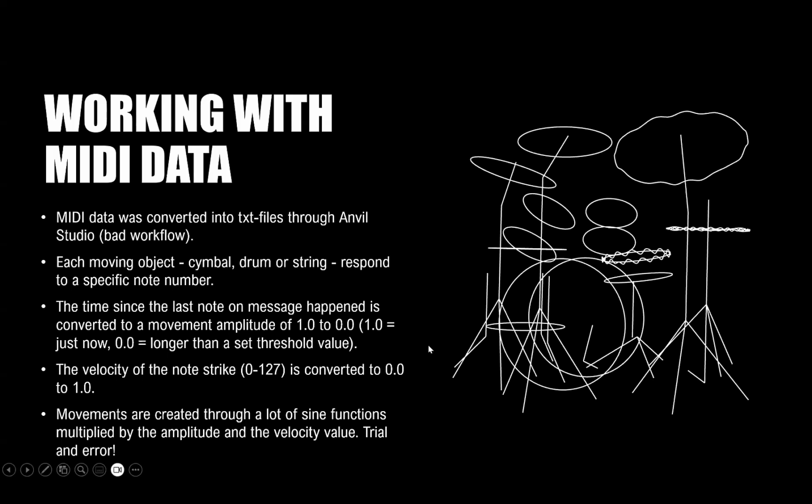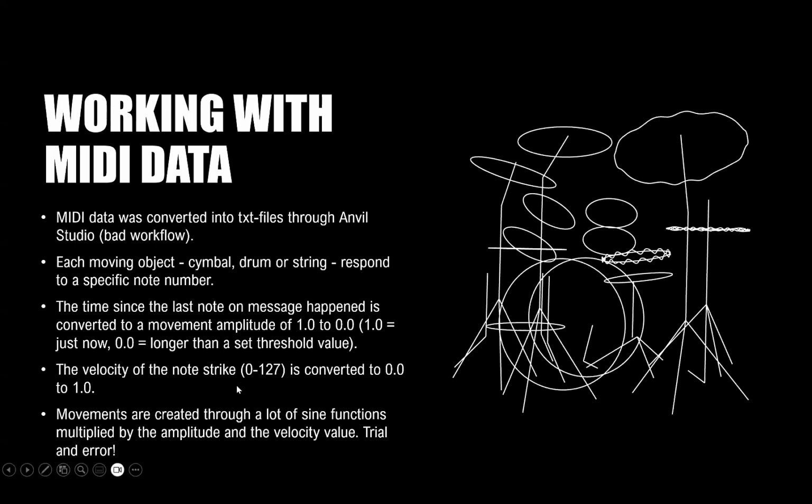And by using the remapping concept that I showed you earlier, I look at when the last event on this cymbal was. If it was just 1 millisecond ago, then the amplitude of the movement would be almost 1. And then as it decays further and further away, if it was a couple of seconds ago, then this value will have gone down to 0.